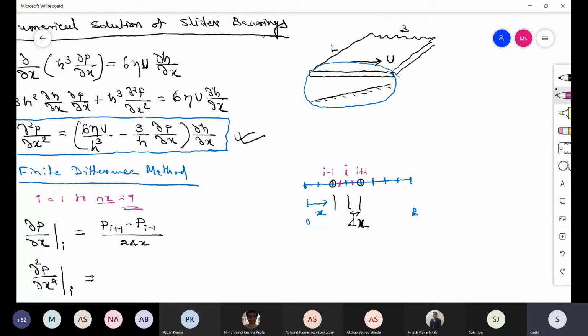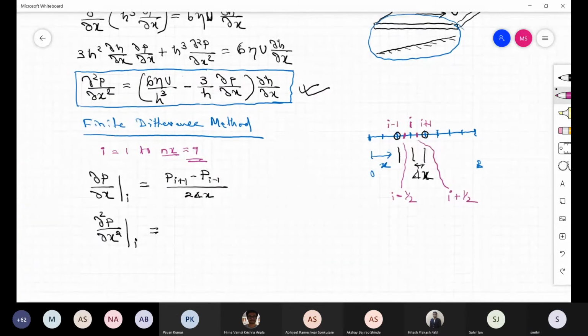Okay, so two hypothetical points. So we are naming these 2 points I minus half, I plus half.